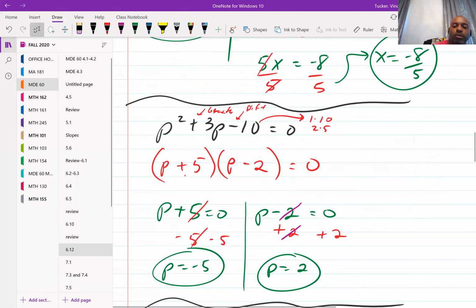Set both of those equal to 0 and then solve. So p plus 5 equal to 0 gives you p equal to negative 5. P minus 2 equal to 0 gives you p equal to 2.